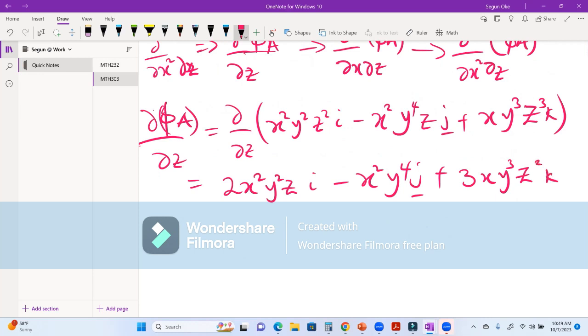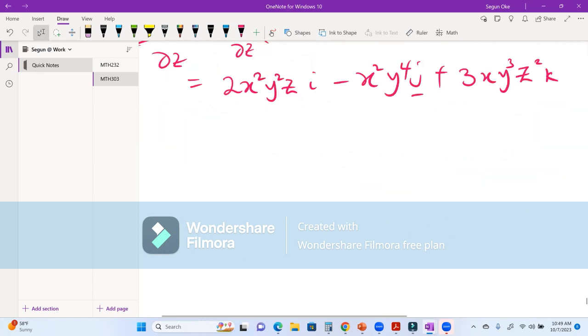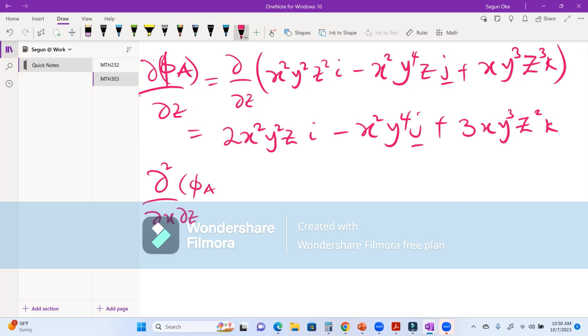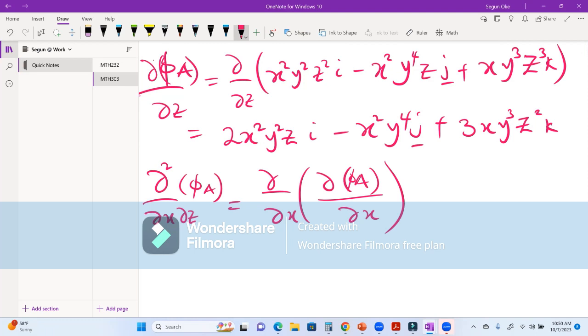That's it. So to find d squared of the dx dz of our phi a, what we have is going to be d dx of the entire d of phi a dz.